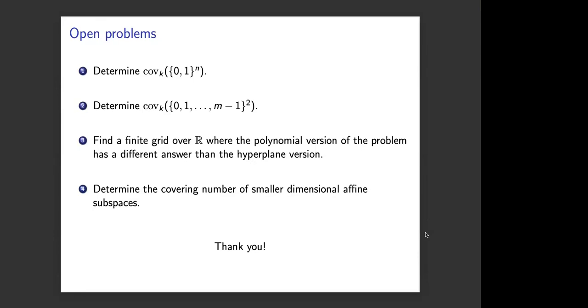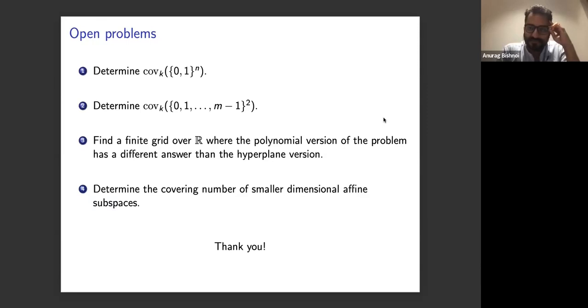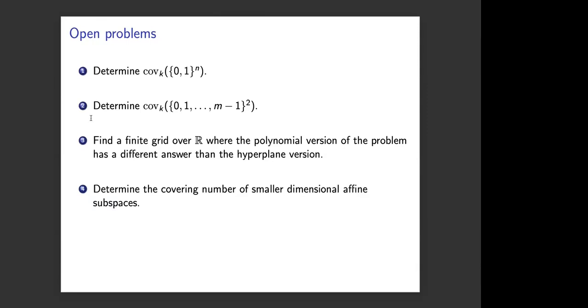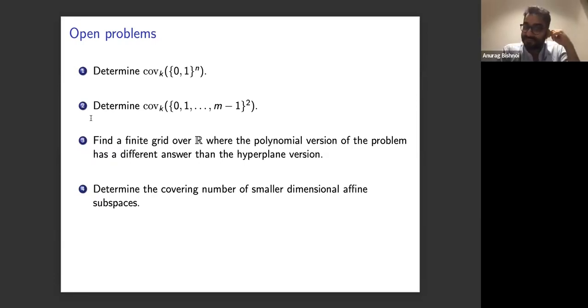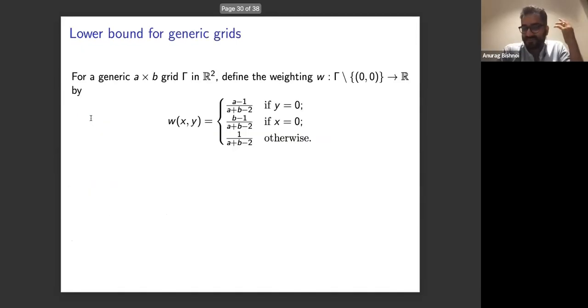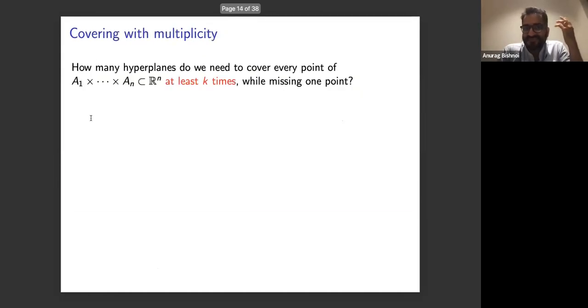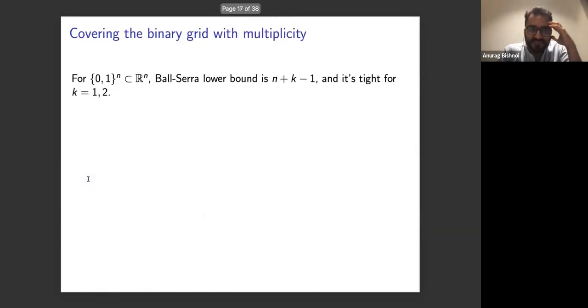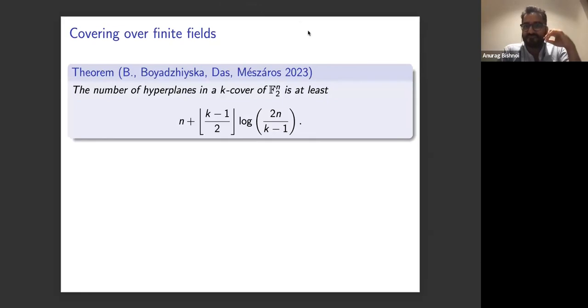I would like to ask about the relation between Euclidean hyperplanes and hyperplanes over F2, because I was apparently on the naive assumption that if you have a Euclidean hyperplane, then the corresponding hyperplane over F2 will cover even more, because it covers exactly half of the grid. Yes, that's the right intuition, but still, if you want to cover everything at least k times, the finite field version of the problem, which was here, is much harder, or at least you require many more.